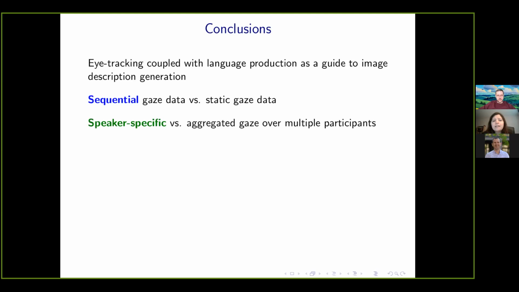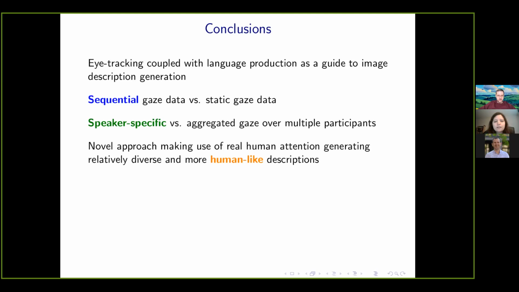And again, having the speaker specificity versus aggregated gaze can help us capture more fine-grained things and allow us to generate multiple possible descriptions for a single image. And this was a novel approach, making use of real human attention, generating relatively diverse and more human-like descriptions.